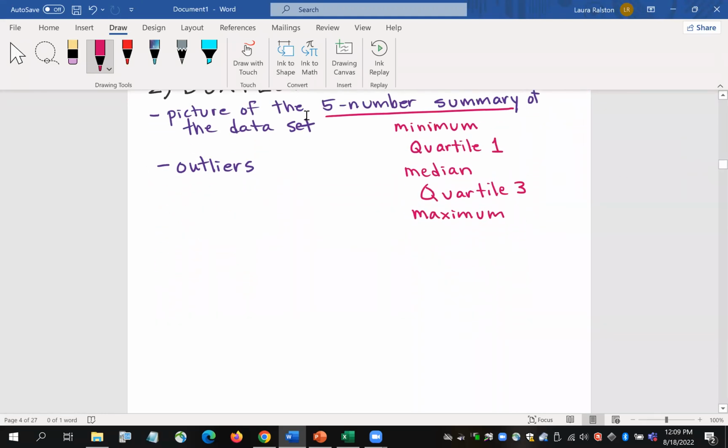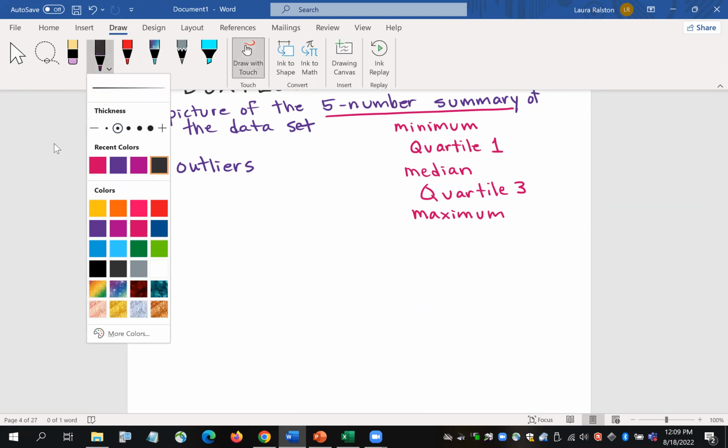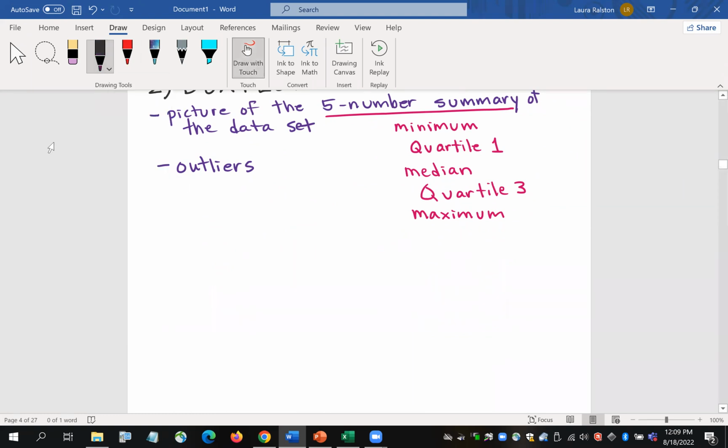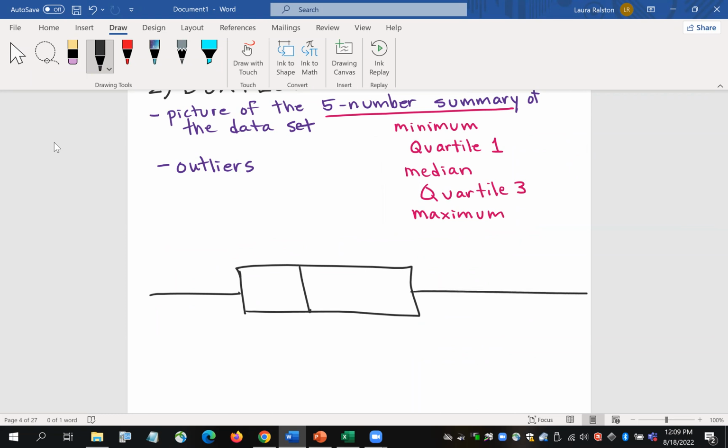And I'm going to rough sketch one here. I don't really have numbers to put into it, but I'm going to give you a rough sketch of what a box plot would look like. I have a tendency to draw it horizontally, so I might have something that looks like this. And this number here would be my minimum. This one is Q1.